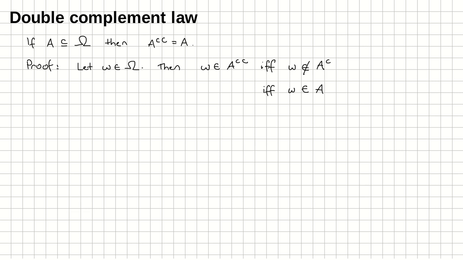Now we have that an element in omega is in the complement of the complement of A if and only if it's in A, and therefore A and its double complement have the same elements. So the same elements means that something is in A if and only if it's in the double complement, and if they have the same elements, they're equal. Okay, so that statement's called the double complement law.